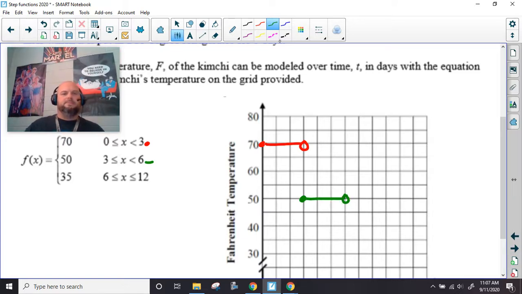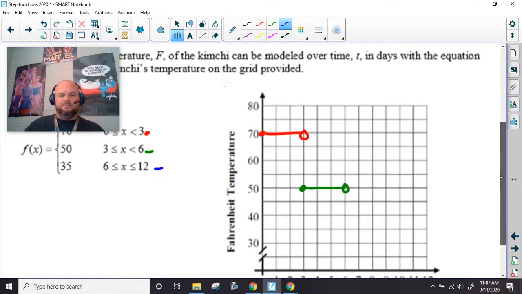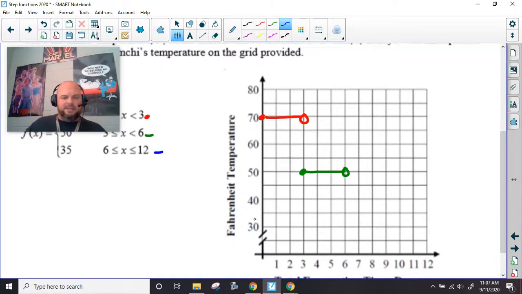That one's done. And then this one, 35. So these go up by 10, so we can pretty much know that this should be 35 right here. All right, so 35 goes from 6 closed circle to 12 closed circle. And that's kind of it.